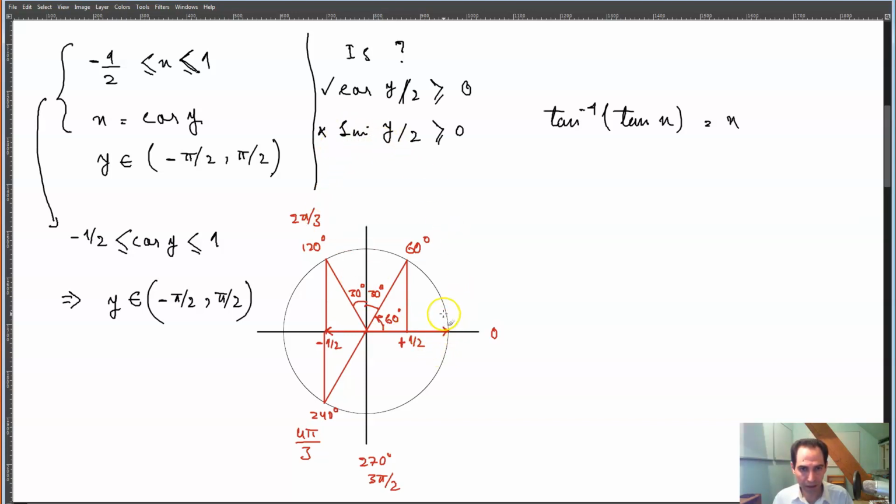Meaning that the angle y divided by 2 strictly has to be in the first quadrant, right? Otherwise it's not possible.